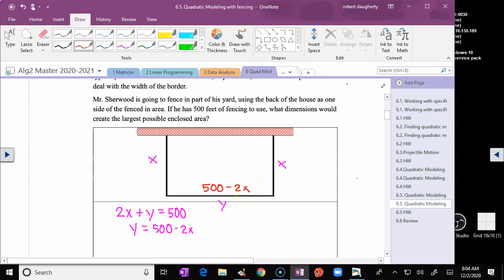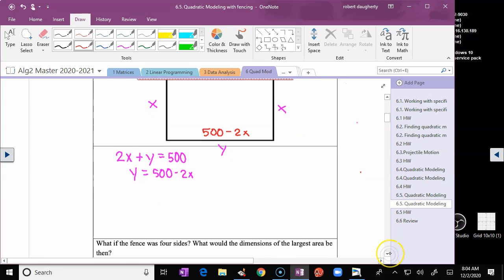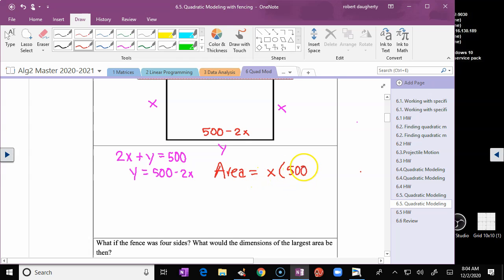So those are the dimensions of my fence. x is one side, x is the other opposing side, and then 500 minus 2x. So the area of this fence is equal to x times 500 minus 2x. That is the area of the fenced-in region.